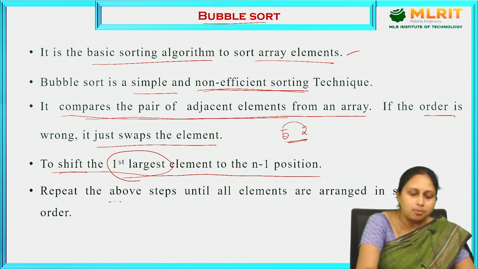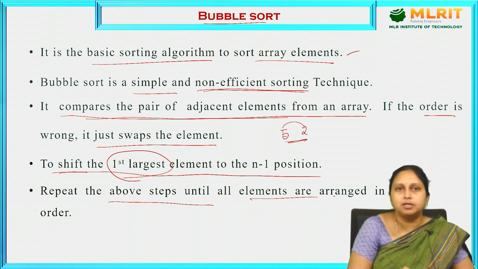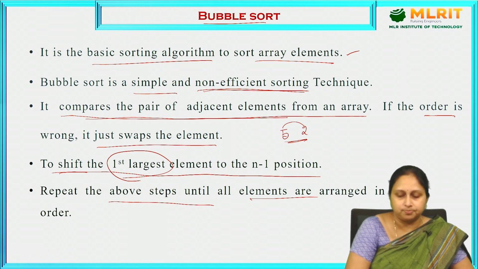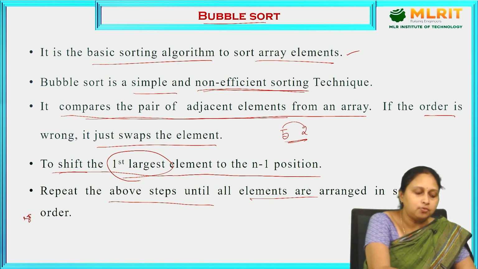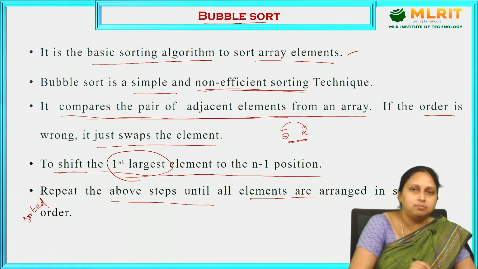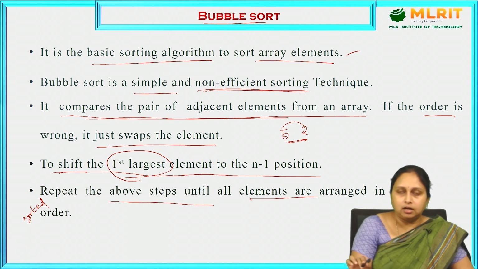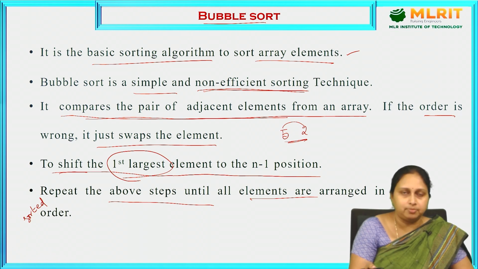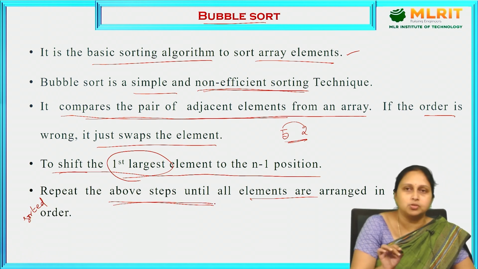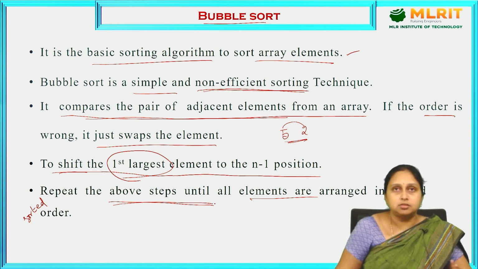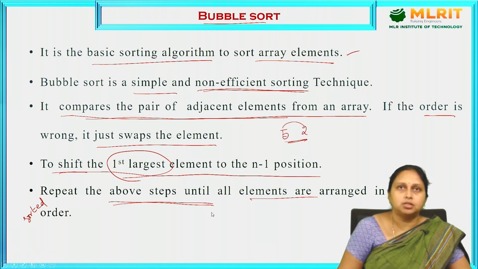And repeat the above steps until all the elements are arranged in sorted order, by checking with the adjacent elements. Until this is done, we need to repeat the same process. This is just an introduction to bubble sort.